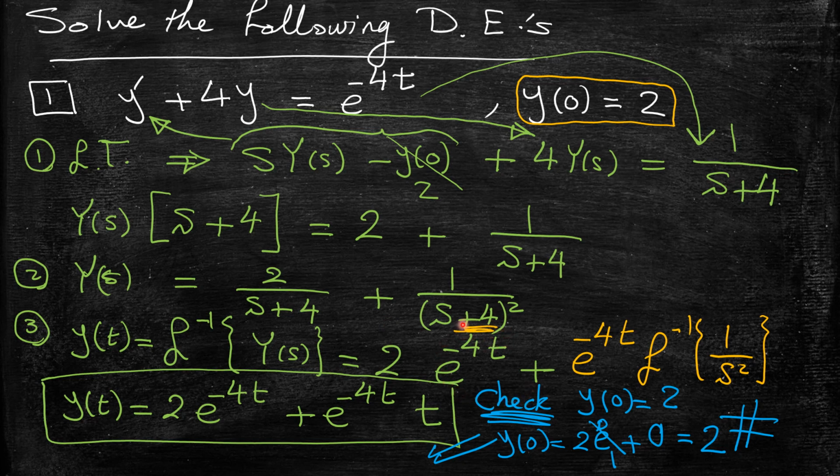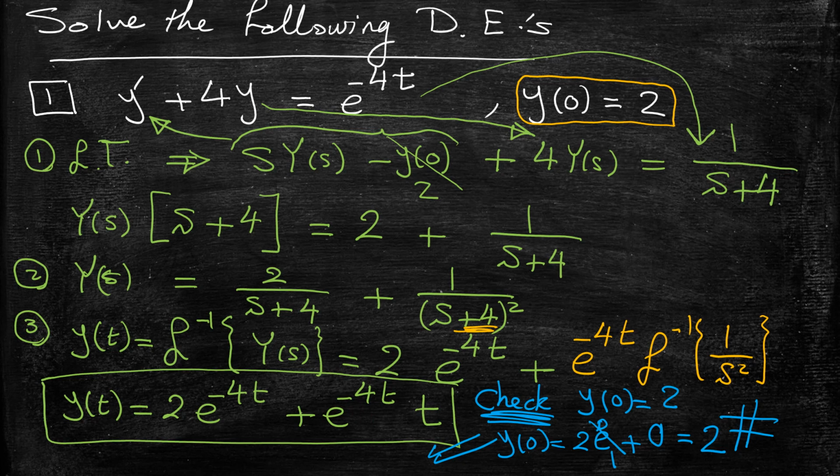The other term has the shifting property, so the first factor can be taken out, giving e^(-4t), and the remainder term 1/s^2 has Laplace inverse t. So this is our solution of this differential equation, y(t) = 2e^(-4t) + t e^(-4t).